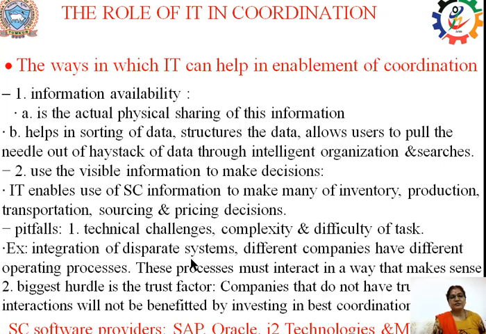Another issue is integration of disparate systems, meaning dissimilar systems. Different companies have different operating processes. The manufacturer will manufacture, the supplier will do processing of the raw material, and then the warehousing person will do distribution. All these are heterogeneous processes, so integrating them together and making them more sensible is a very tough task.